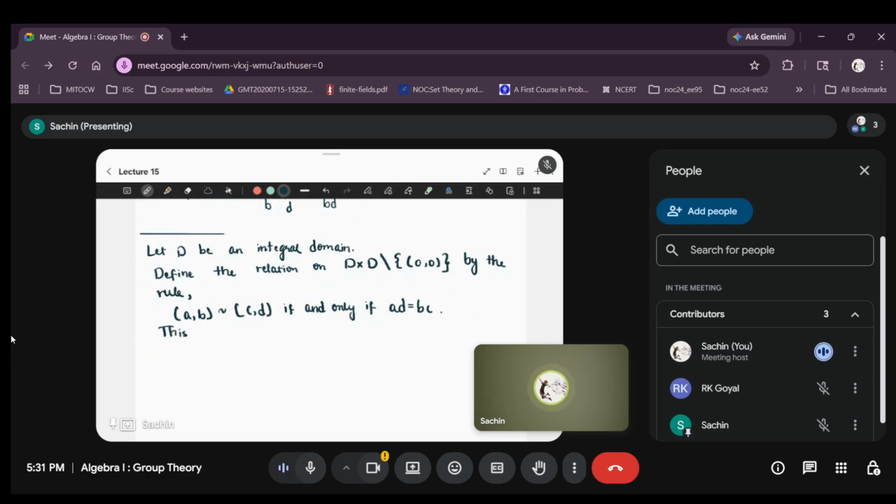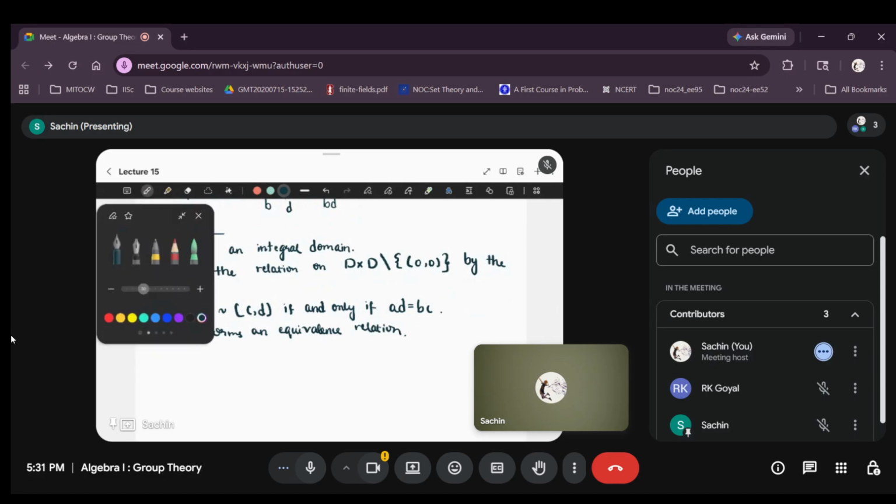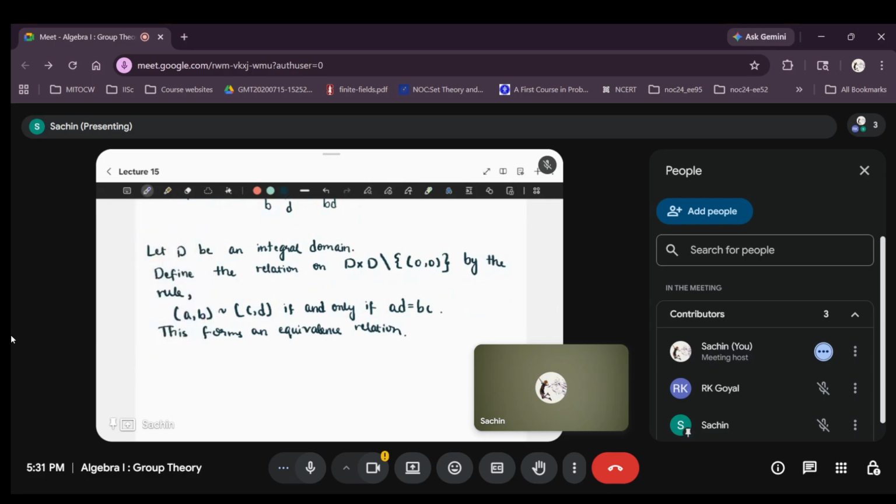This forms an equivalence relation. This is the lemma. Can you prove this?